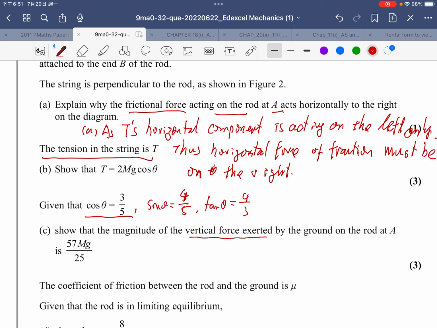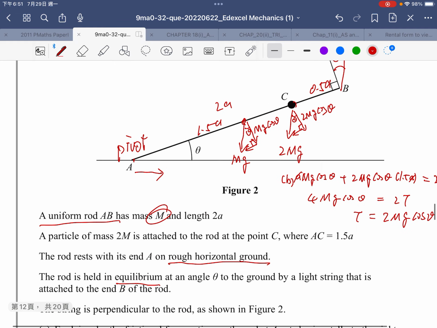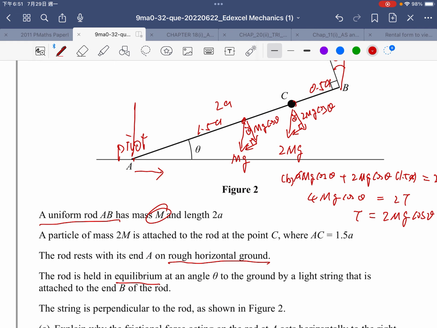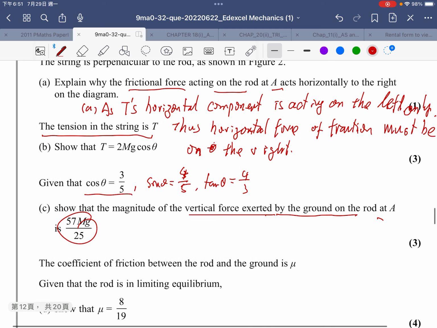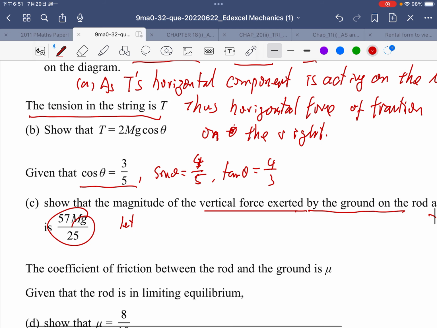Okay, so the magnitude of the vertical force exerted by the ground on the rod at A. What is the meaning of this? Actually, there is the horizontal force X, the force is here. The vertical force means this one.